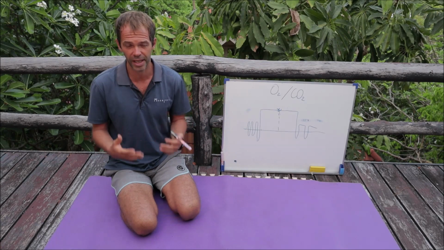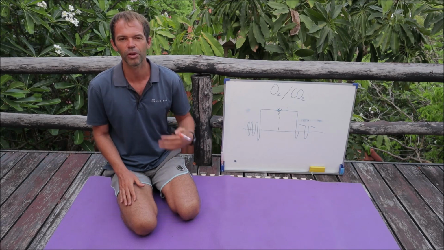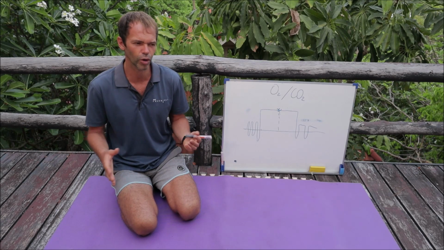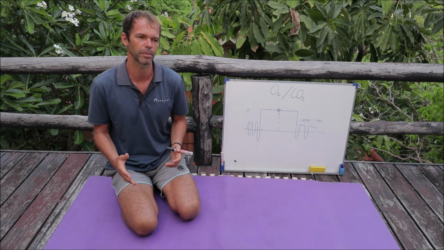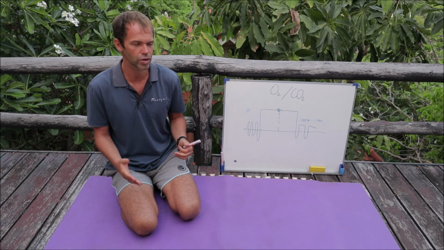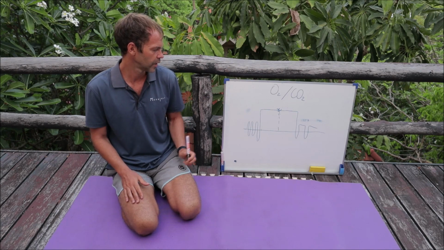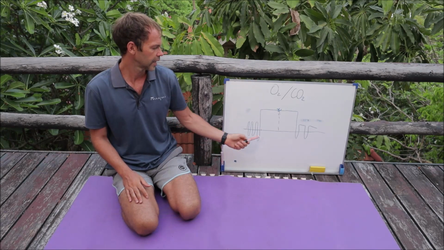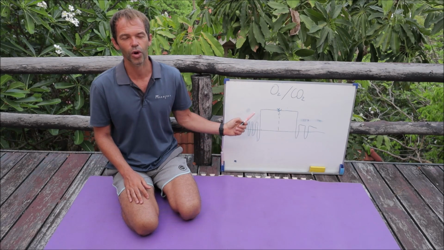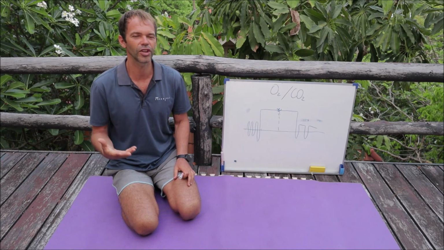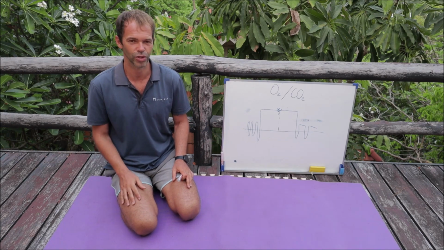Usually when we finish the theory in the classroom, we do a couple of breath holds in the classroom. Of course, the main breath hold training is going to be in a pool and in open water, in the ocean, but we do a couple of breath holds in the classroom. For the first breath hold, they do relaxation breathing, they hold their breath, and as soon as they feel any discomfort, they are allowed to stop.